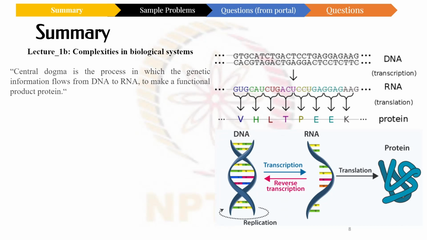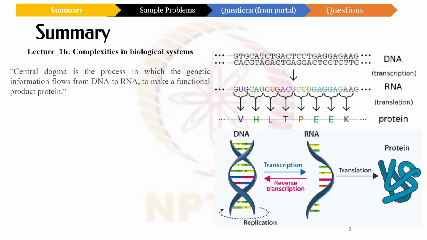Coming to the replication process, we have genetic material, usually in the form of DNA, and it is duplicated to create an identical copy. Replication is crucial for transmission of genetic information from one generation to another. Next is the transcription process.